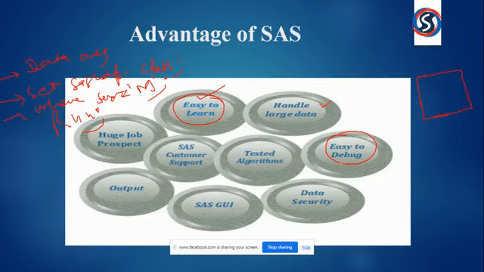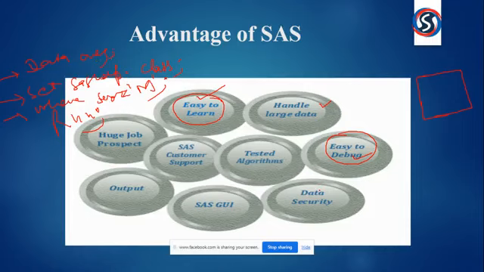It is easy to understand and correct the error because the log window states it clearly. Whenever you write the code, suppose I forget the semicolon here, data one semicolon, it is going to give you the error in the log window, and it will tell you that you forgot it, we are expecting the semicolon after the one, like that.